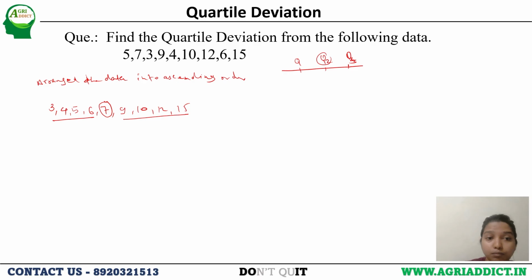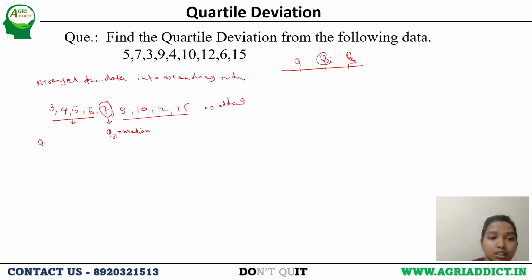So this is Q2, or the median, because n is odd, that is 9 terms. In the measures of central tendency lecture we calculated how to find the median, and we just use that approach here.